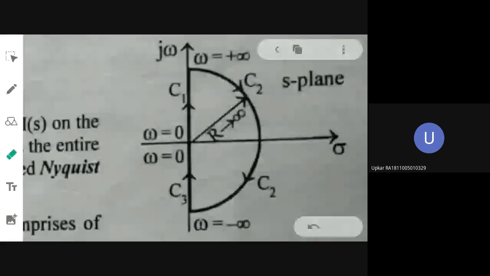This is called your Nyquist contour. That is drawn on what plane? The S plane. Okay.